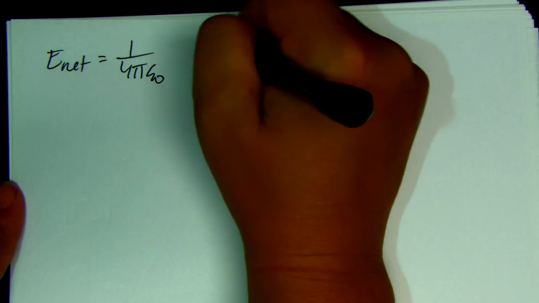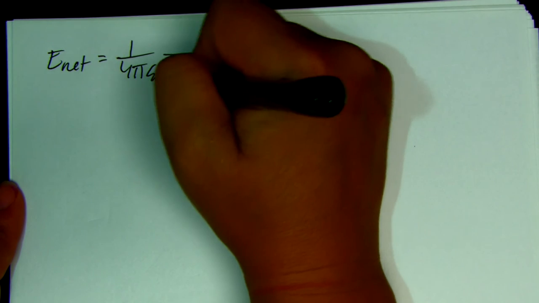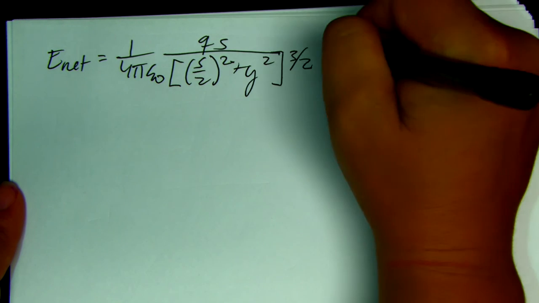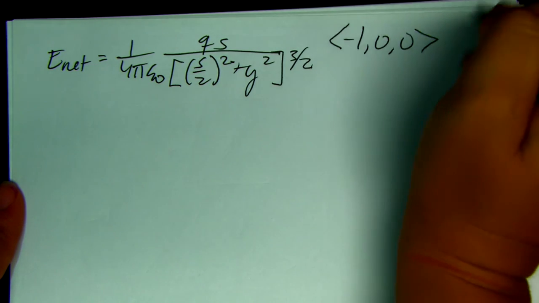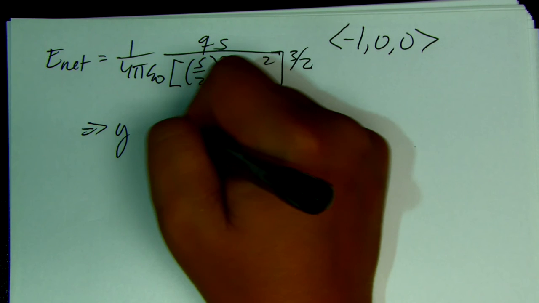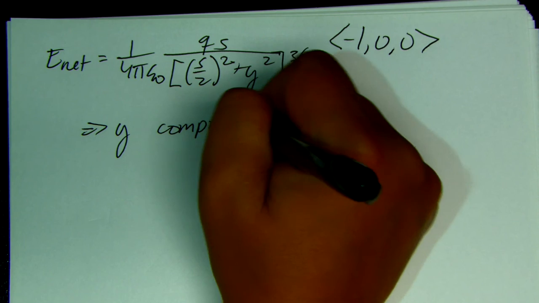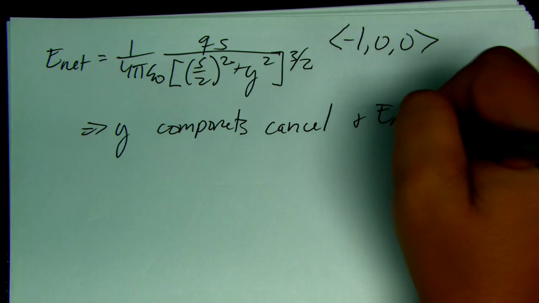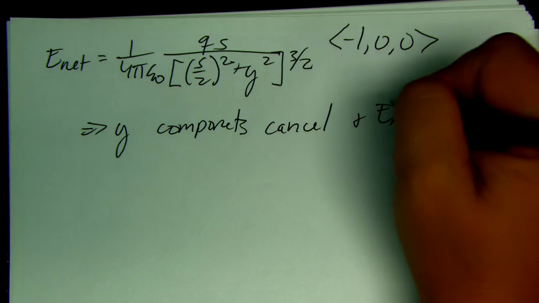And so E net is equal to 1 over 4 pi epsilon naught q times S divided by S over 2 squared plus y squared to the 3/2, times minus 1, 0, 0. And we can see the y components cancel. And E net is horizontal and to the left, just as we predicted.